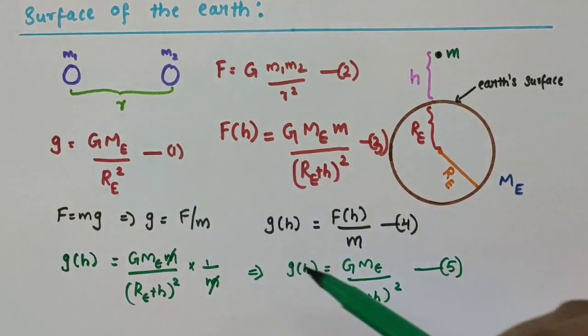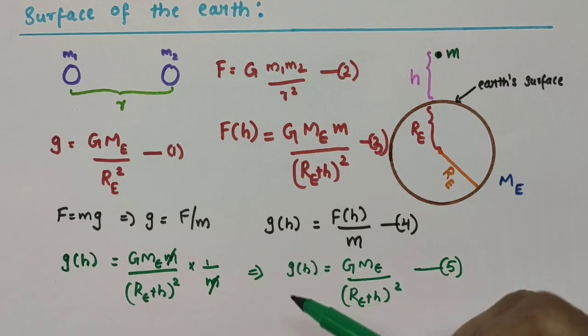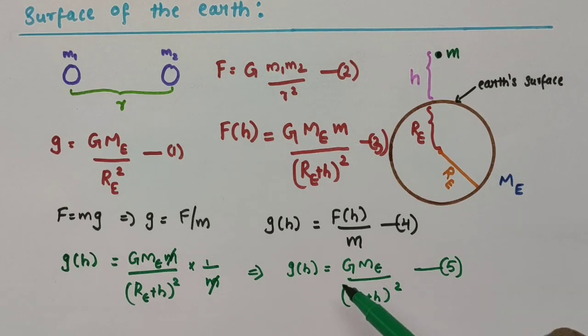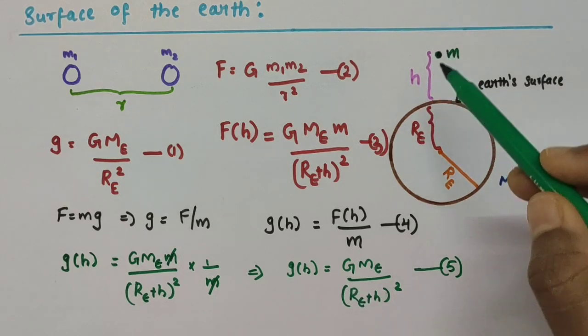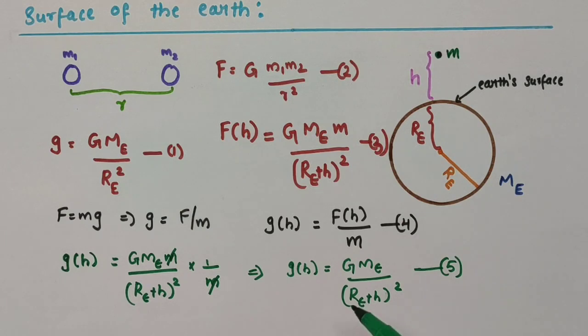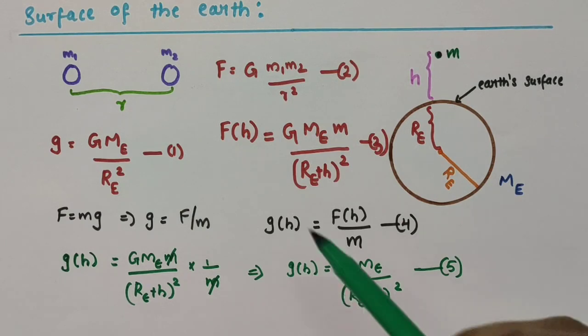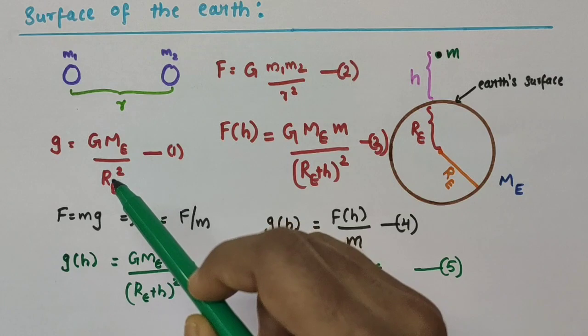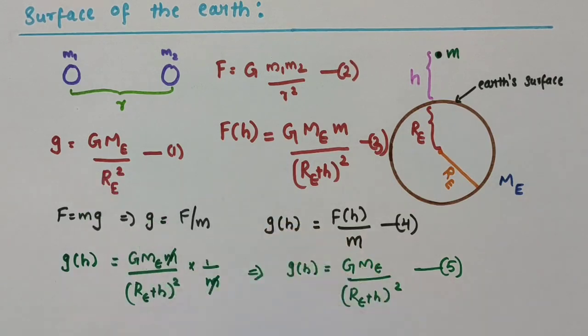So g of h, that acceleration due to gravity, will be less here. That is, acceleration due to gravity at a height h above the surface of the earth is clearly less than the value of acceleration due to gravity on the surface of the earth.